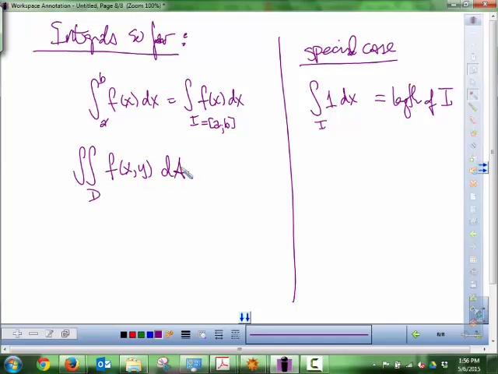Now we have the double integral, right? We studied the double integral. What if I scratch out this f and take the double integral of 1 dA? Do you remember what that one was? That's the area of D. Right?